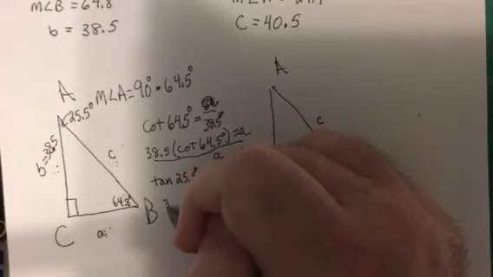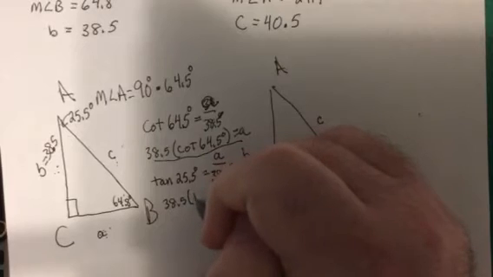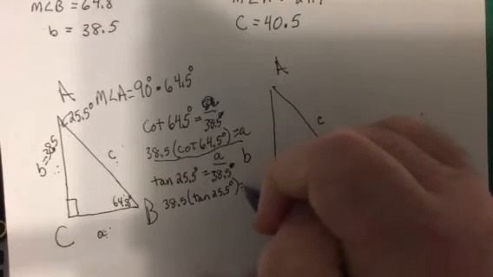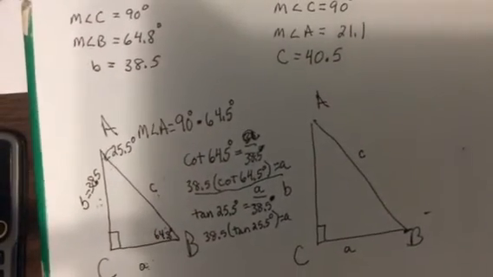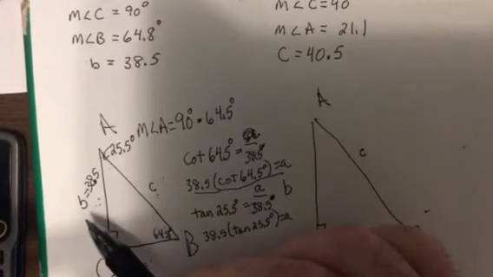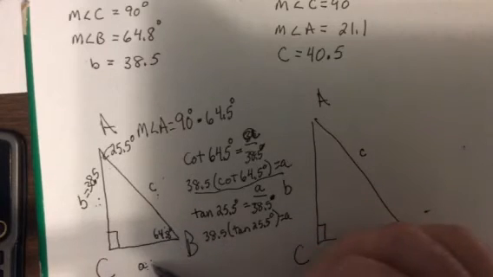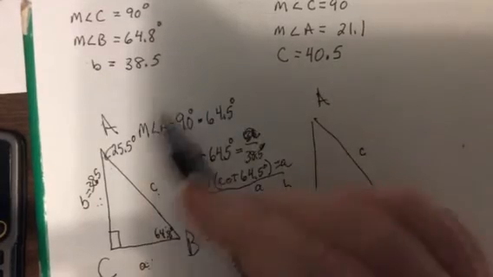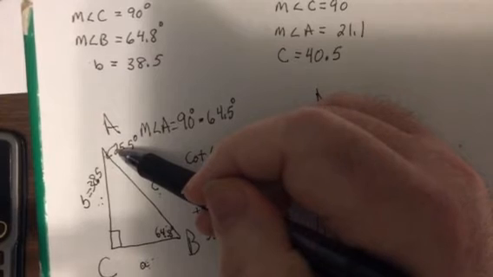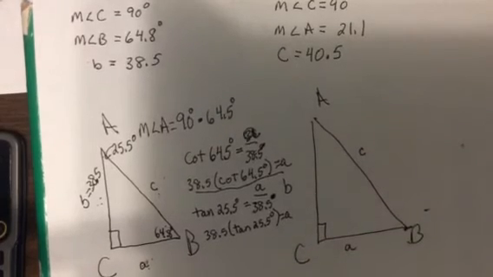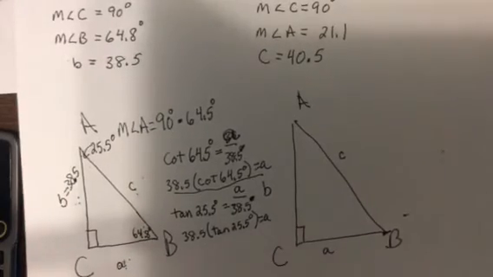It's not a degree. So either way is fine. If I had an iPad I could use right away, I would probably do cotangent, so that looks nice, this over this. Since I don't have my iPad because I'm using it, I'm going to do this one, so it's opposite, the unknown on top, over adjacent, which is tangent. So you have 6 different trig functions to choose from if you're using the iPad.